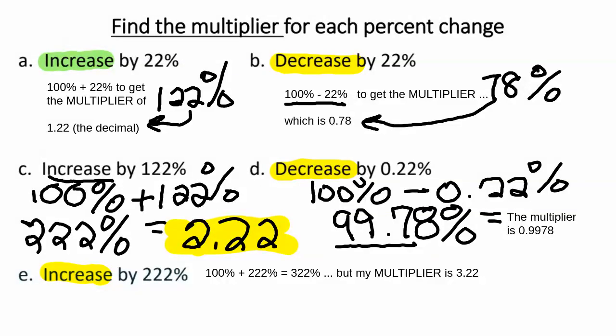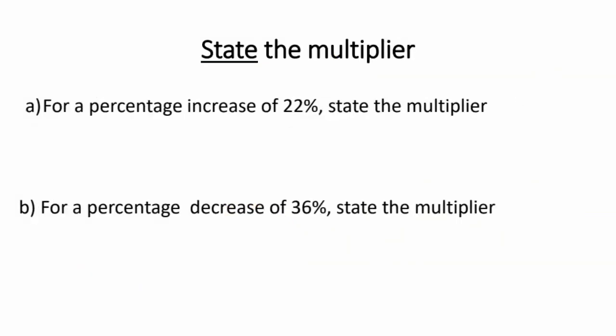This is how some of your questions are going to be phrased, but you also have this type of question. It says, for a percent increase of 22%, state the multiplier. Okay, do not forget, multiplier is a decimal.